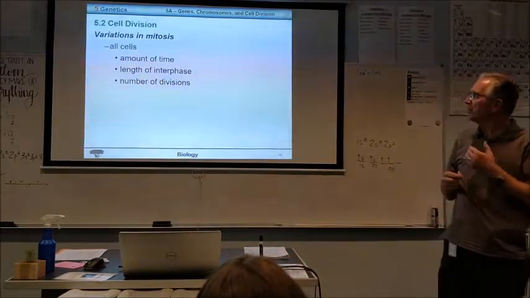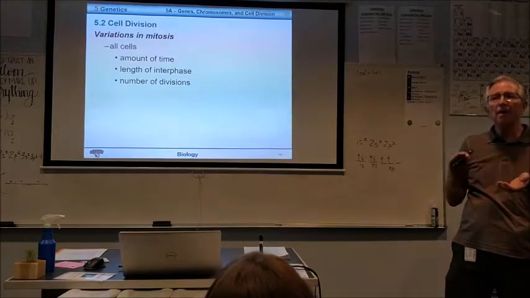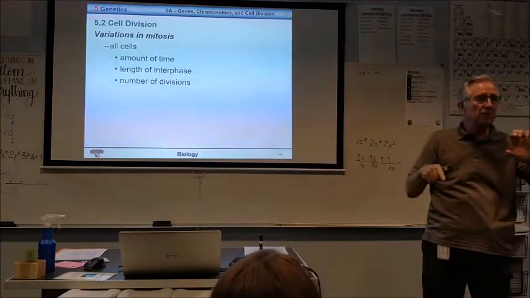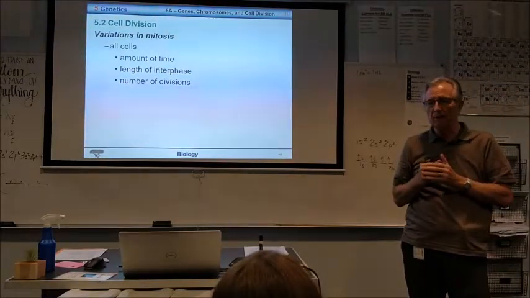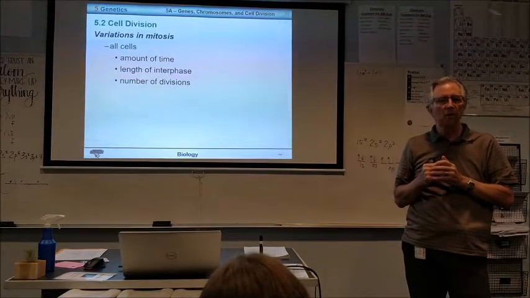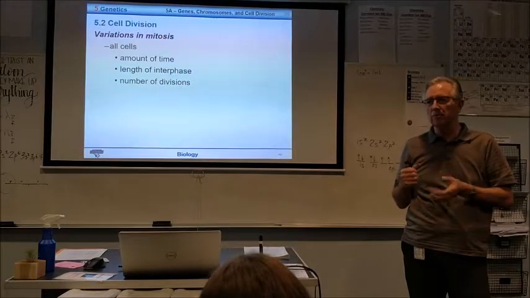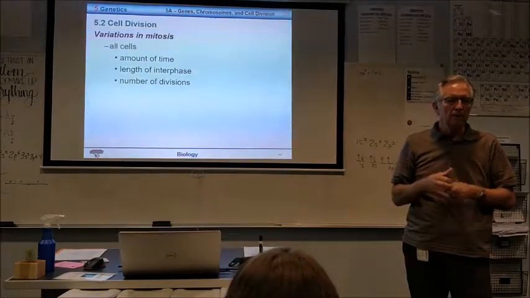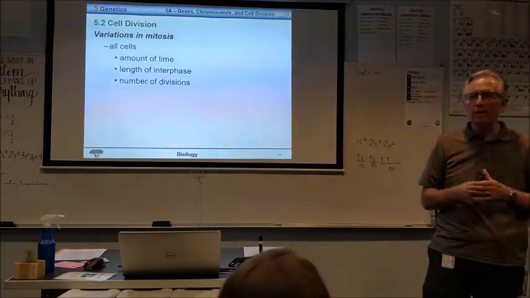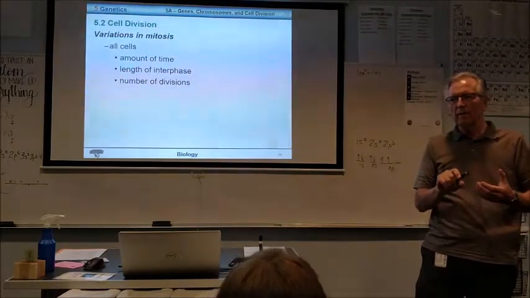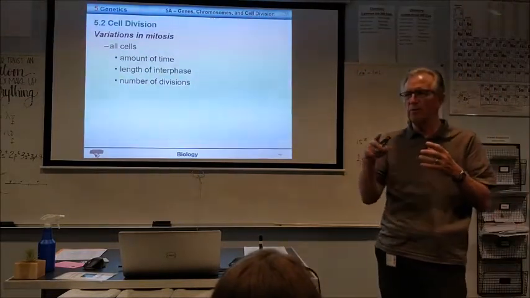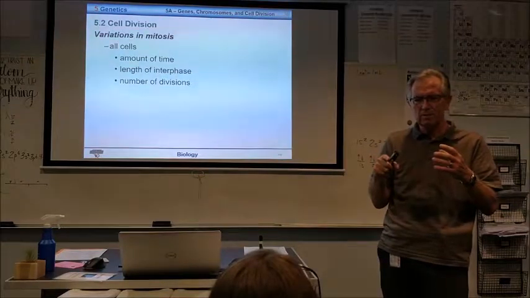Now, all cells take a certain amount of time to go through that cell cycle, and it varies. Some of them go through it very fast, and they grow really quickly, and others do it more slowly. Like, for instance, some aggressive forms of cancer will not grow to a full size before they go through the division process.